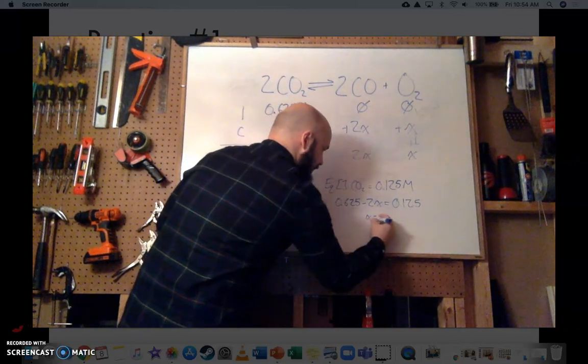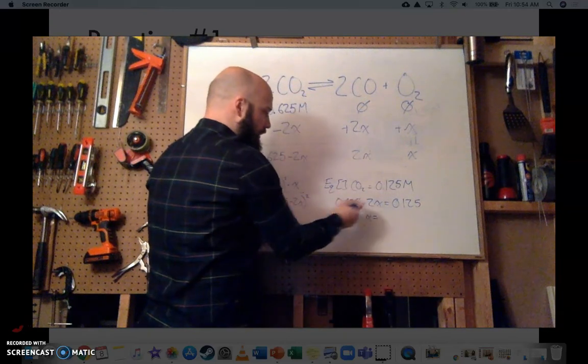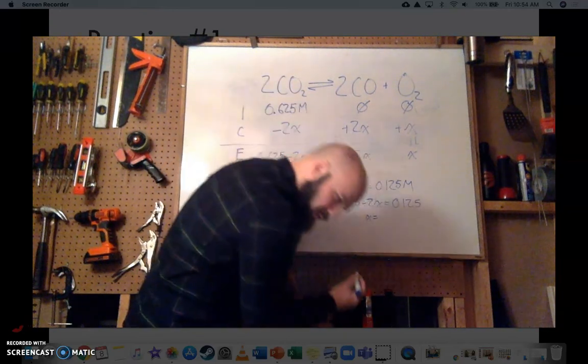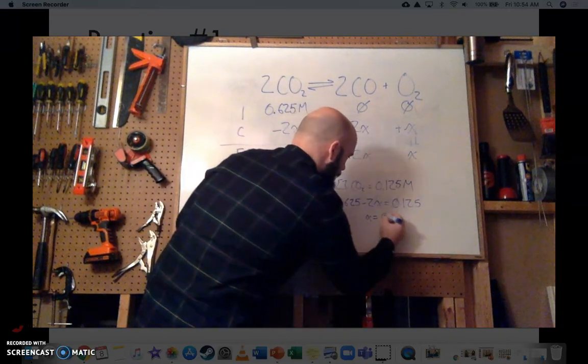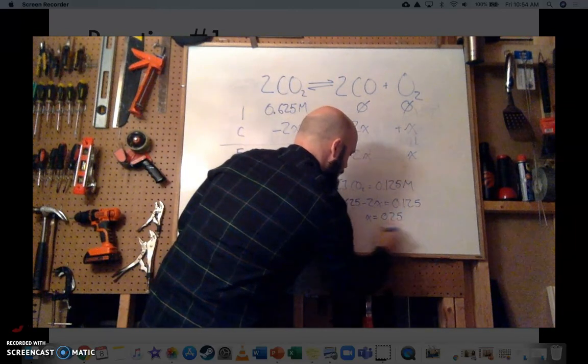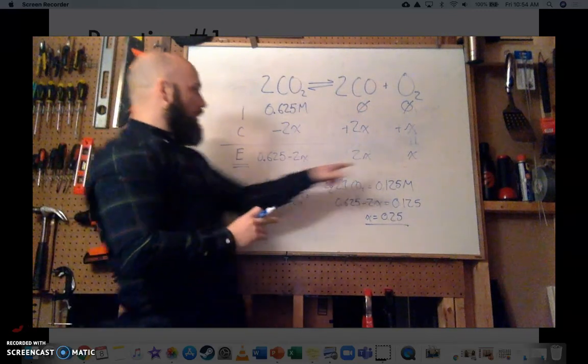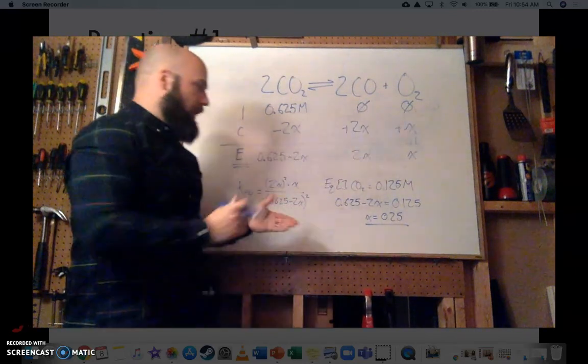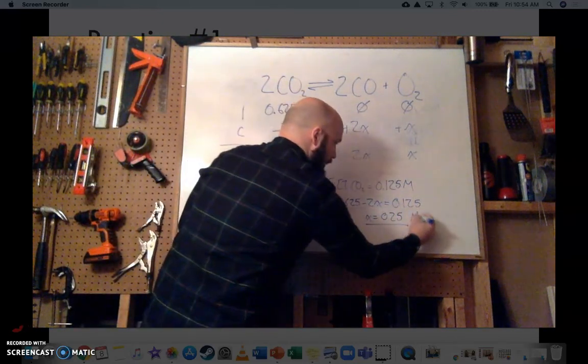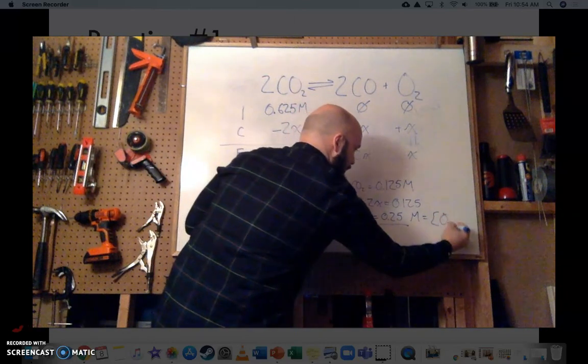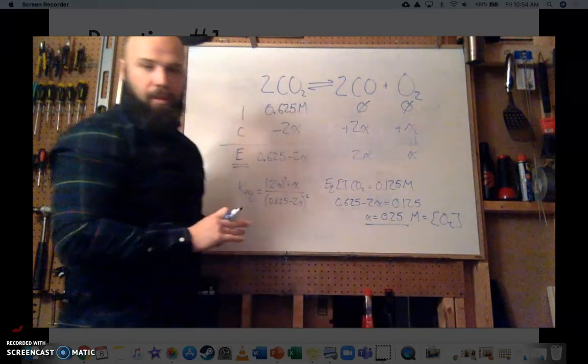That means X is 0.5 divided by 2, which is 0.25. To get our concentration of O2, that is just X. So that is the concentration of O2 at equilibrium.